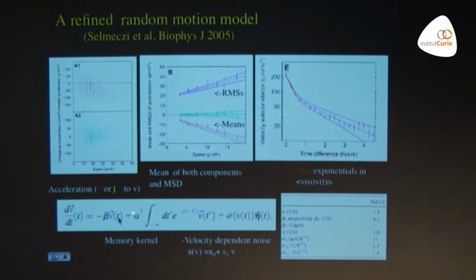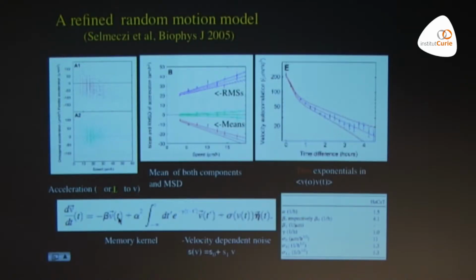It was actually studied in much more detail in a paper by the Flyvbjerg group in 2005. They came back and decided to look very carefully at the motion of cells. They followed cells individually and tried to deduce from the individual motion of cells a precise description of the motion.